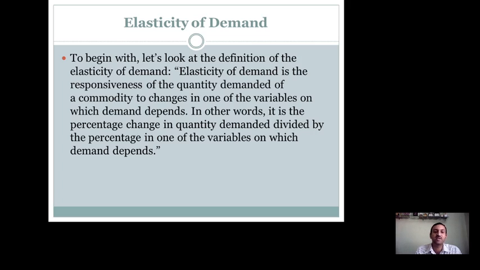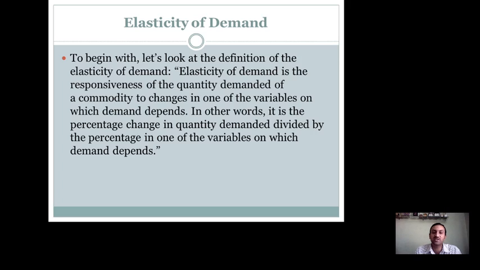Elasticity of demand is the responsiveness of the quantity demanded of a commodity to change in one of the variables on which demand depends. Which means, if the change in any of the dependent variable happens, how much demand or quantity demanded will change.